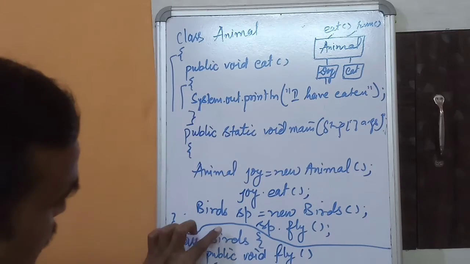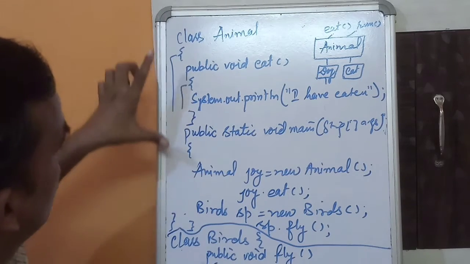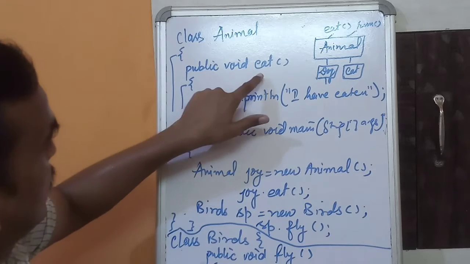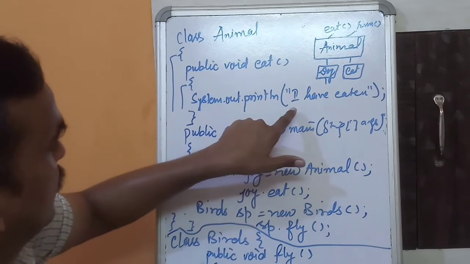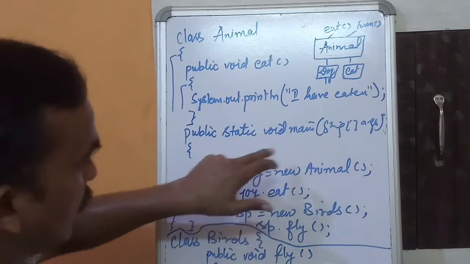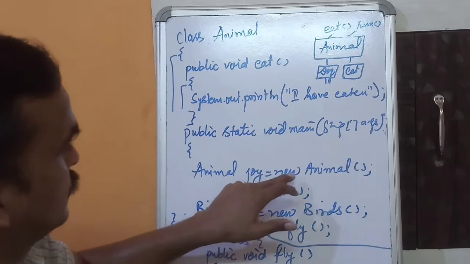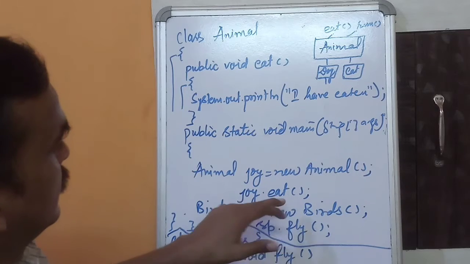So that is the one class, and that is another class. In that class we have one method. That method has a printing value, that is I have eaten. So for that I am creating one object, that is joy. So Animal joy equals new Animal, joy.eat.